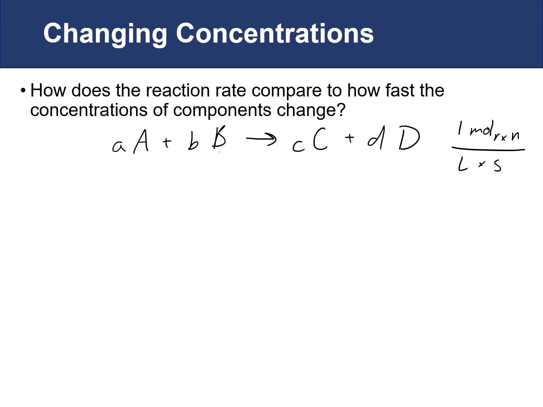A is going away, so we put a negative in front of it. It goes away little a times as fast as the reaction is occurring, whatever the coefficient in front of it in the formula is. So to make our value equal to the rate, we take 1 over little a times how fast A is actually going away.